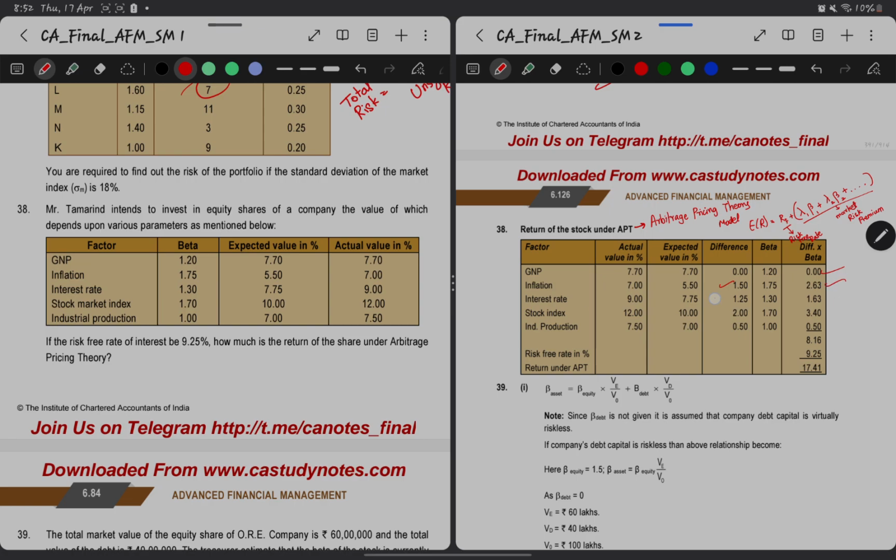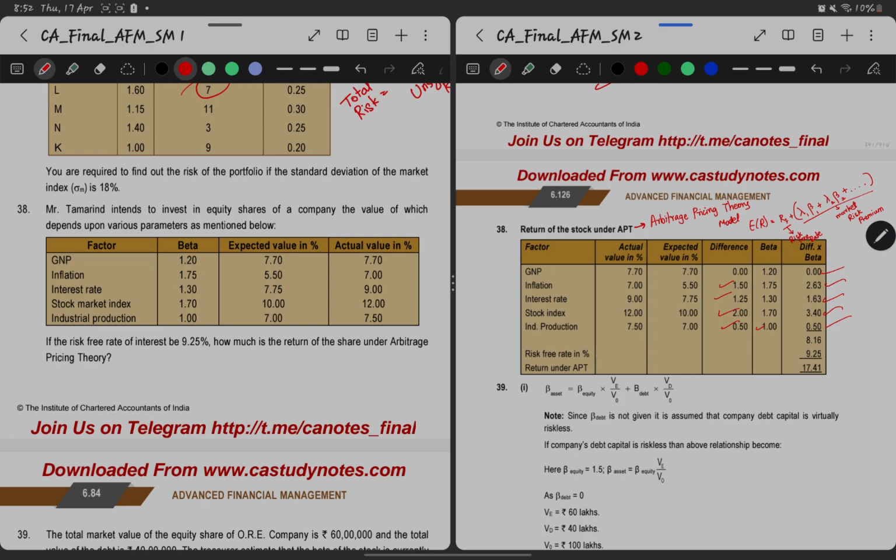Now interest rate is 1.25 multiplied by beta, 1.63 will be the change. Stock index 2% multiplied by the beta, 3.4. Industrial production is 0.5 multiplied by 1, 0.5.